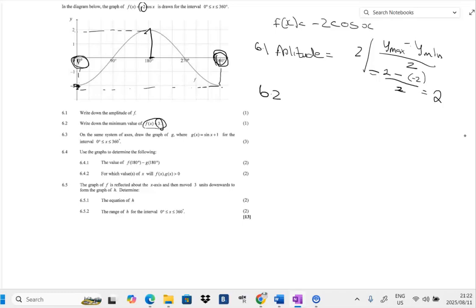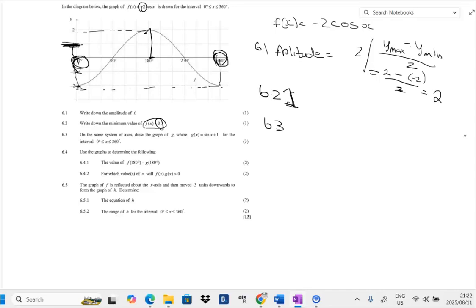It moves 1 unit up, 2 units up, 3 units up. So now our minimum value is going to be at 1.